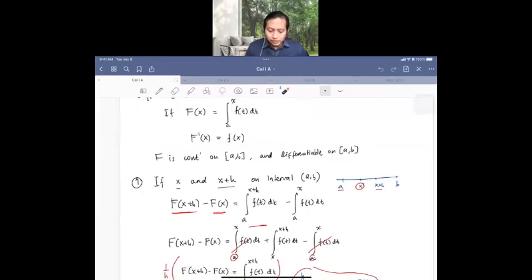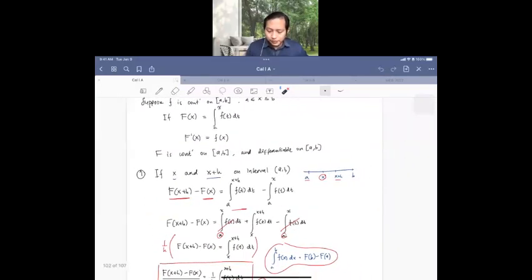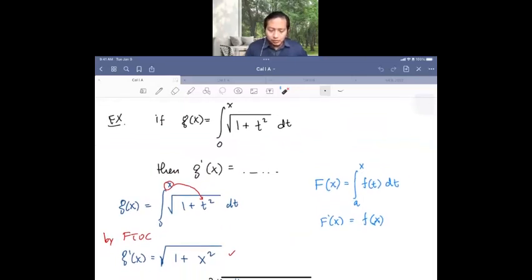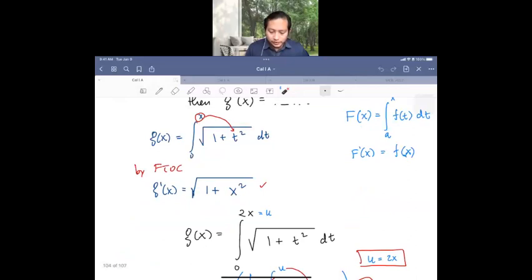And how to use the fundamental theorem of calculus, let me go through here. Basically, when we are deriving this g, we take these functions, put in this t squared here, and basically we are going to have this 1 plus x squared.